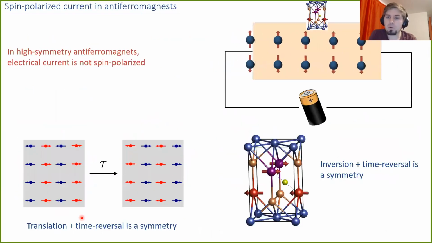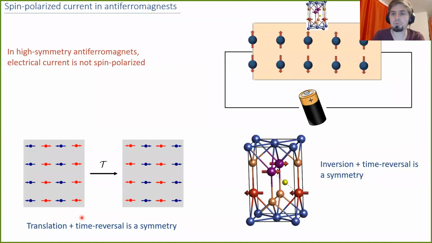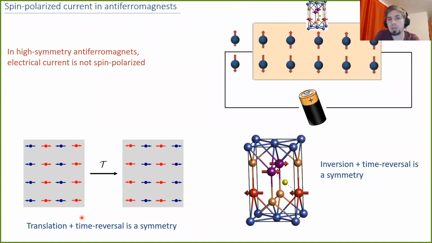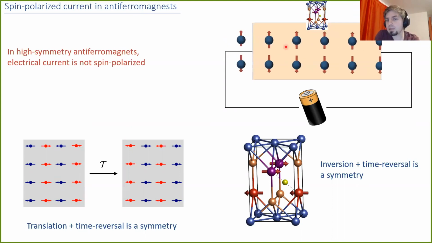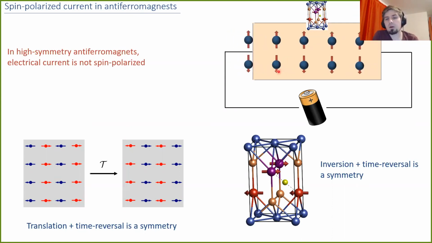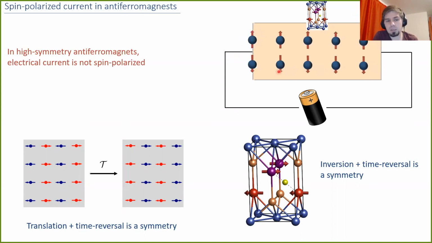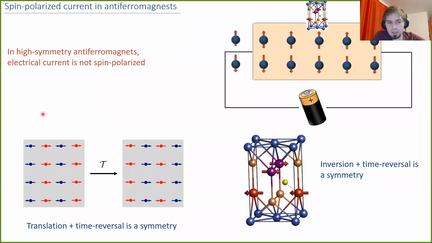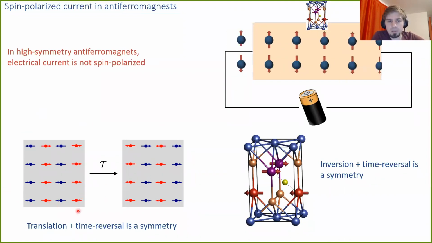what to me is the most basic spintronics device, which is the junction. Now, as I've said, we don't have spin-polarized current in the simple antiferromagnet, and that's, I think, intuitive to understand. The spin currents from the 2 sublattices will cancel out. If you start looking into why that is, the reason is symmetry. If you look at a very simple antiferromagnet like this, it breaks time reversal symmetry.